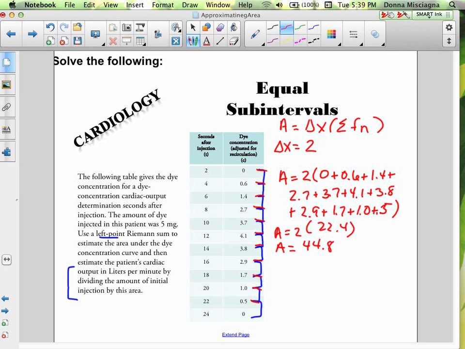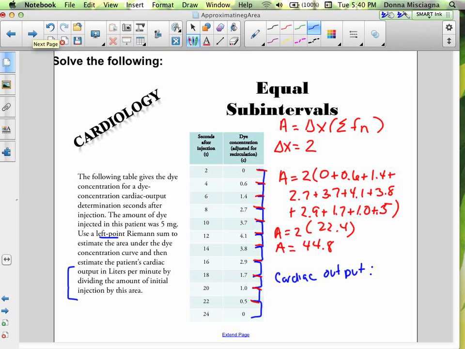Right? So now we wanted to answer the question over here, this cardiac output. Actually, let's put it over here. They told us how to figure it out, which is good because we probably wouldn't have known.